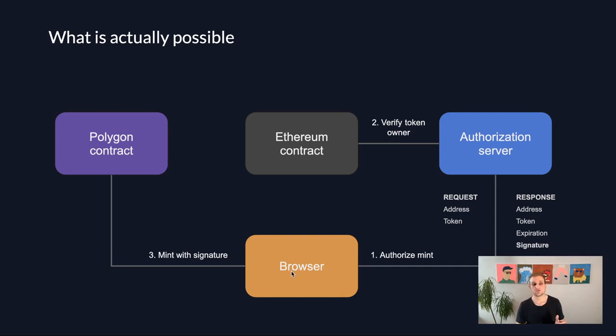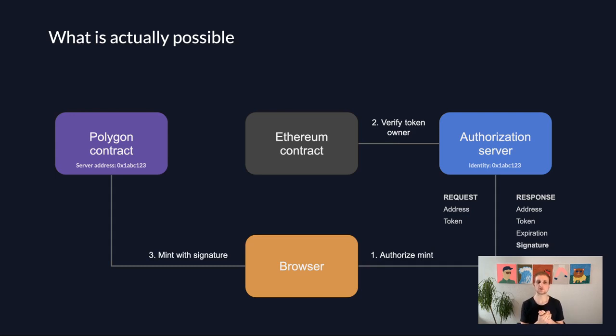Next, the web client will send the actual minting request containing the payload from the server's response. And all Polygon has to do now is see, does this signature look like a legit authorization server signature? And if it does, then I can go ahead and mint the NFT. But there's one last piece to the puzzle, which is how does the Polygon contract know what a server signature looks like?